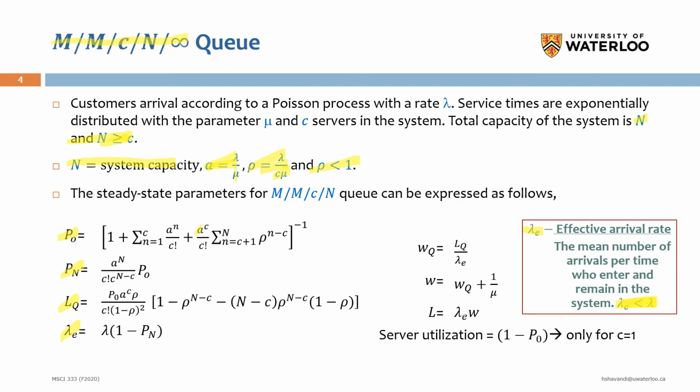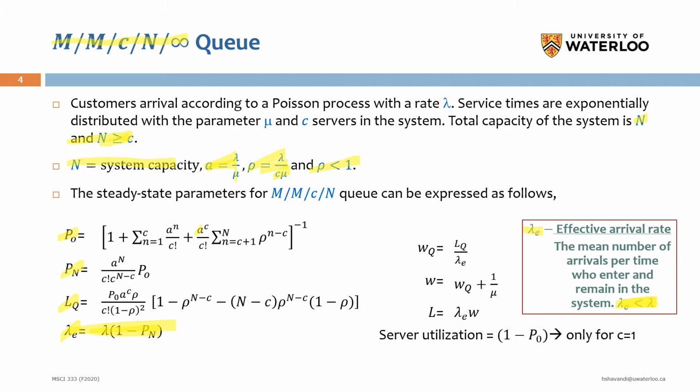It will be calculated as lambda times 1 minus Pn. So 1 minus Pn is the probability of having fewer than N customers in the system. If we multiply that probability by lambda, that will be the effective arrival rate.